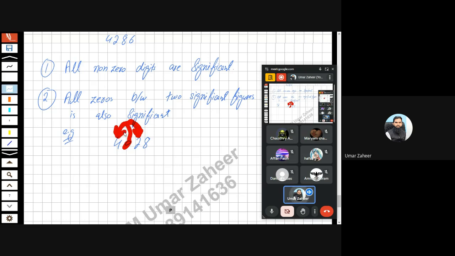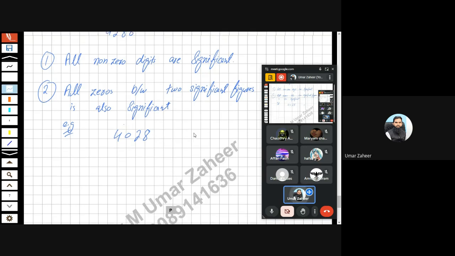You get my point? If the 0 is between two significant figures, then the 0 also becomes a significant figure. All right? So in this one you have 4 significant figures.